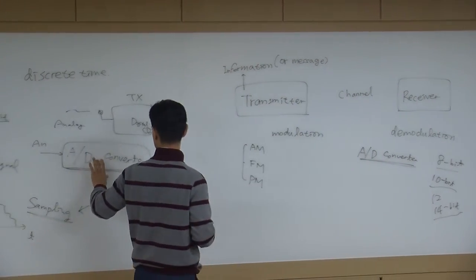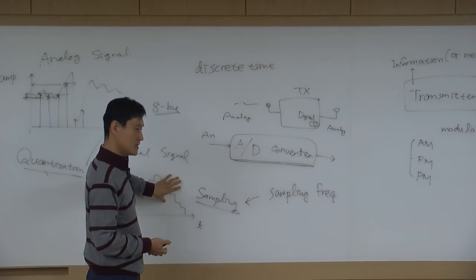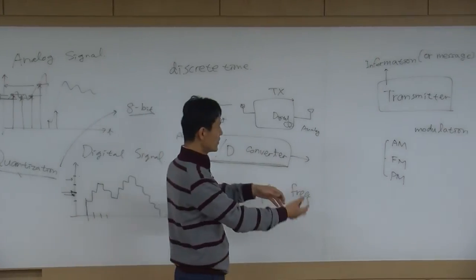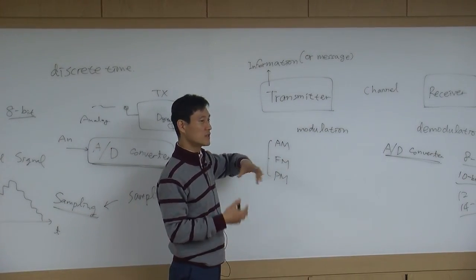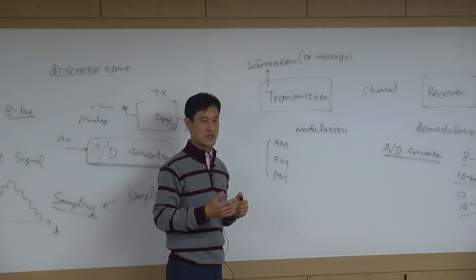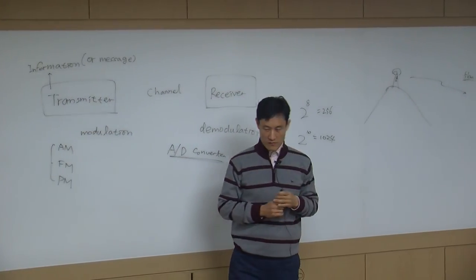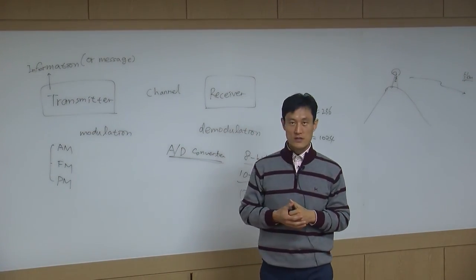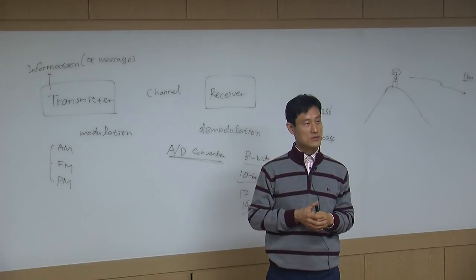Once you do this, you now get the digital signals. Once we get the digital signals, we can move on to digital processing. One of the digital processings is modulation, digital modulation. We're going to cover digital modulation throughout the first 3 weeks or so.